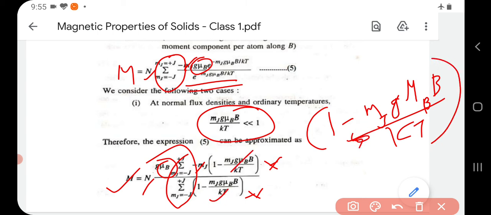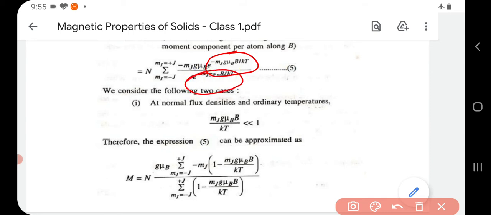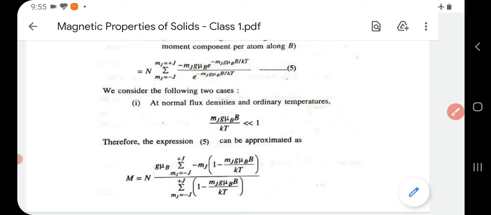That is the only change. Whenever you come across e raised to minus of this term, it is replaced by 1 minus mj g mu b B by kT, because this is the condition applied. So just compare the subsequent equations and learn, then it will be easy.